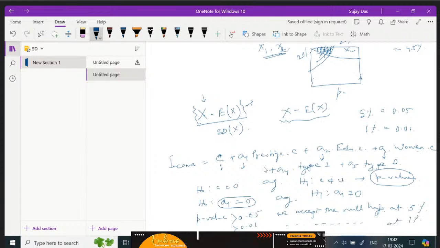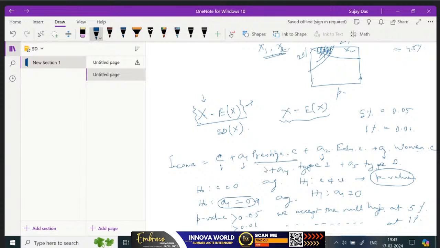Suppose the p-value corresponds to this test, and it is greater than 0.05. Then we will have to say that we could not reject the null hypothesis at the 5% level. That means for this model a1 is 0, and the corresponding variable prestige.c is no longer needed in our model.